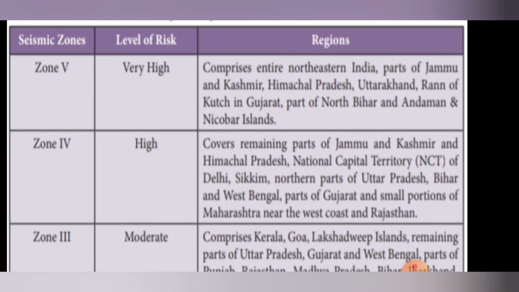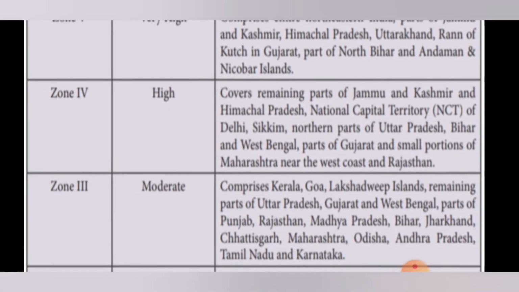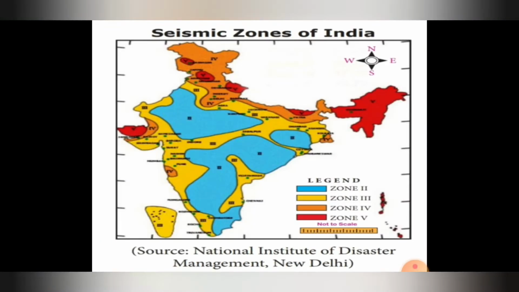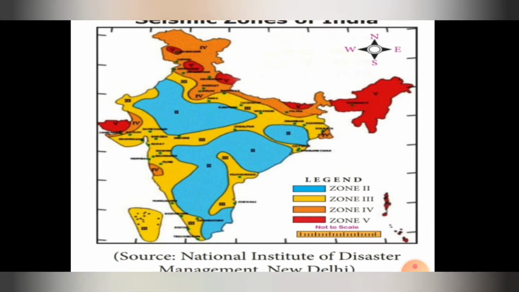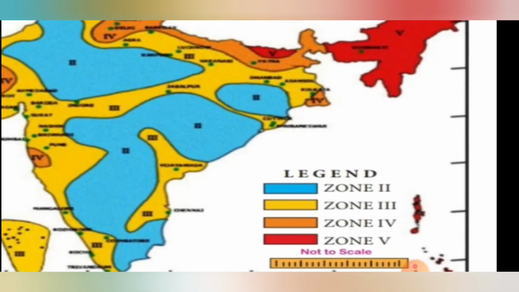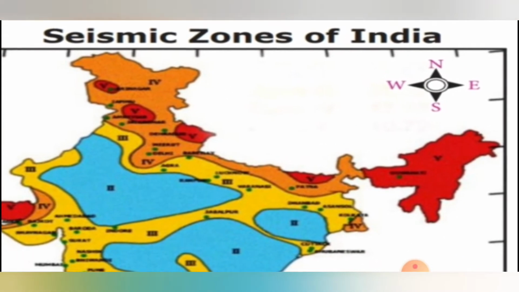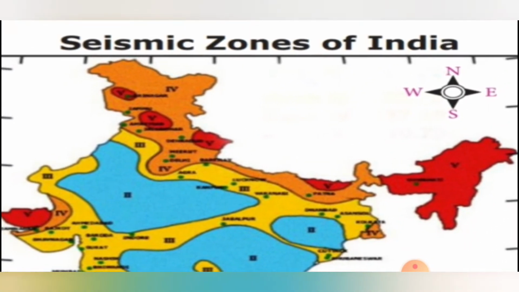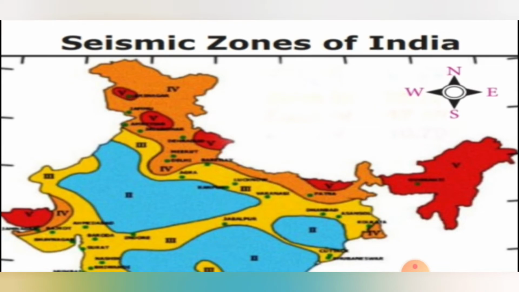Next, coming to zone 4. Zone 4 level of risk is high. Zone 5 is very high, zone 4 is high. You could see here, zone 4 is given in orange color, and wherever orange color is given, they have mentioned Roman numeral 4, zone 4.